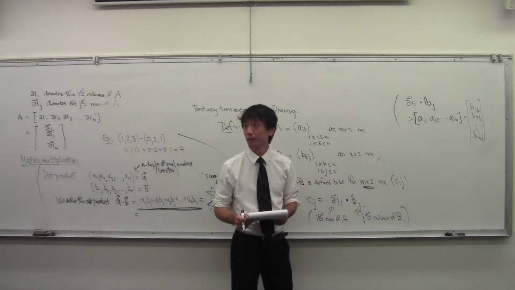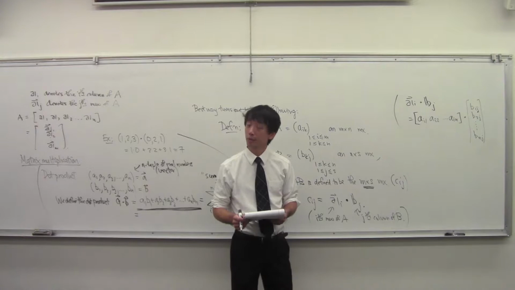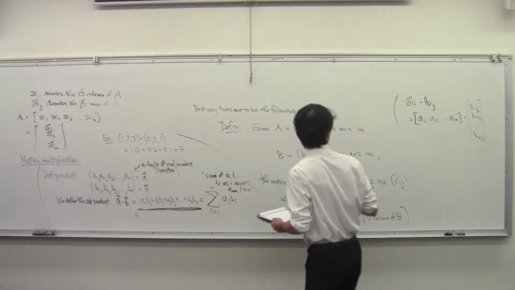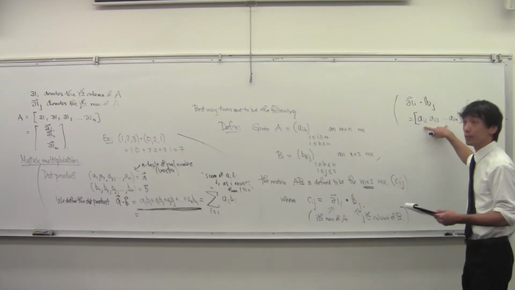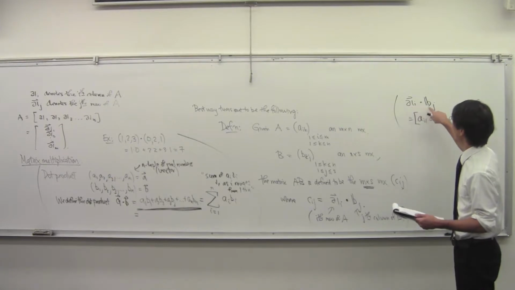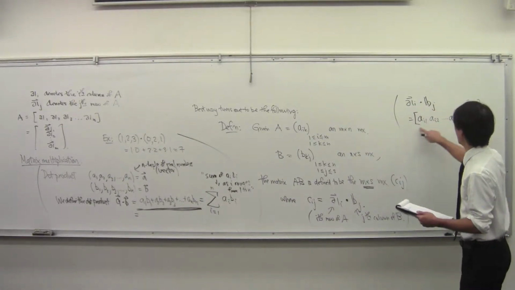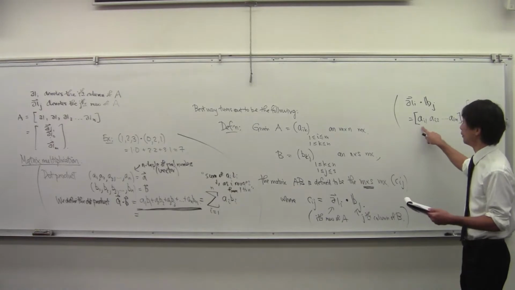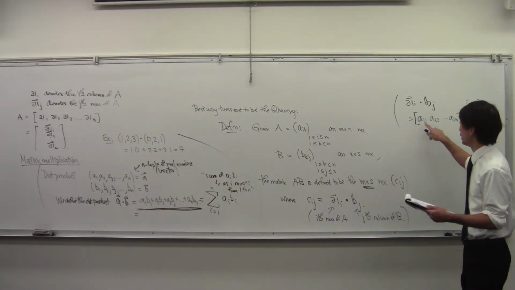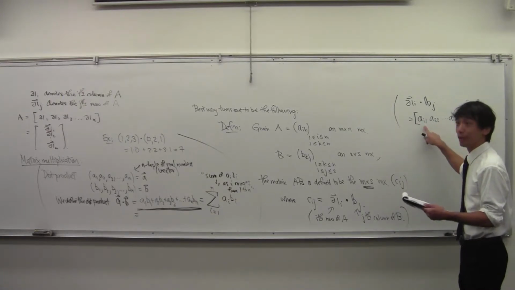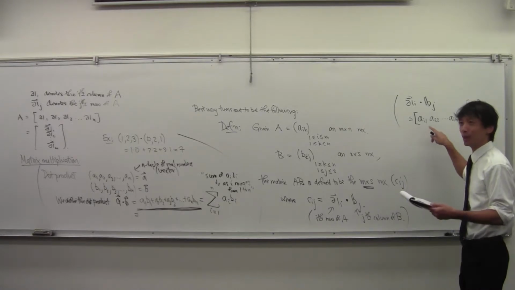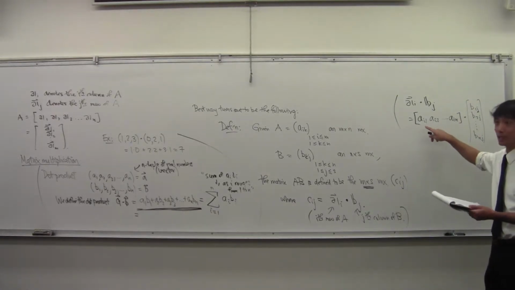Yes, Sam? Can you explain again why it's not a vector? Why we don't put the symbol? Oh, because these things are numbers. We're dotting the ith row of the A matrix against the jth column. Each of these things is a number, not a vector. You don't have a vector where the entries are vectors also. That would be a matrix actually.